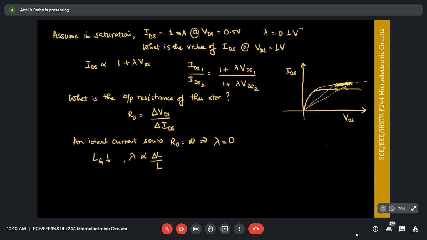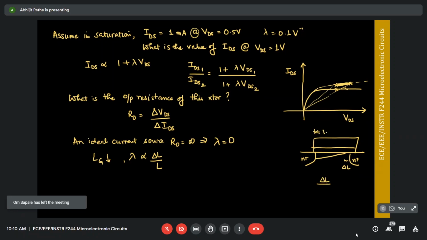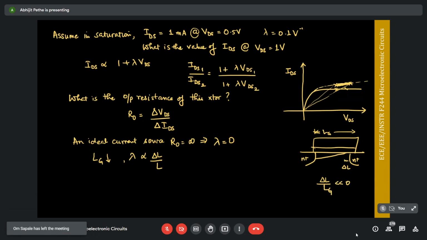If you remember lectures in ED, when you're in saturation, your lambda comes about because, as you increase your VDS, you start seeing this delta L, the pinch-off point moves in, right? Now, in the square law, what we say is delta L by the total gate length of the transistor is very small, and so we neglect that effect.